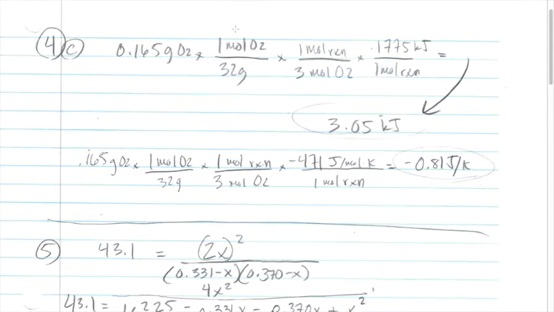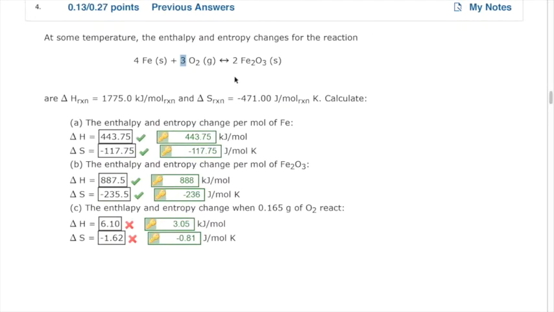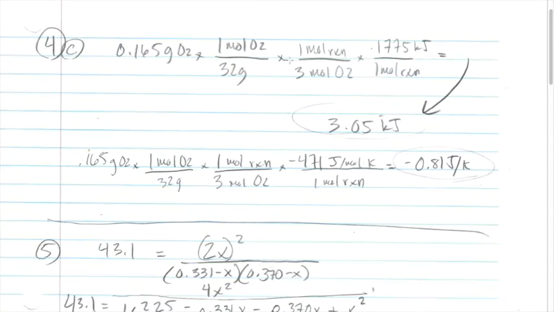At this point, we've converted to moles of O2, and then we use that 3:1 conversion factor. We have 3 moles of O2 per 1 mole reaction, based on the balanced equation. At that point, we have converted to moles of reaction, because we need 3 moles of O2 to have a whole mole of reaction.